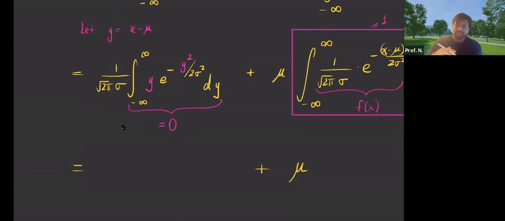And I know this is 0 without having to do anything. Why is this 0? Because the integrand itself is an odd function. What is an odd function? F of negative x equals negative f of x. This definitely came up in Calc 2 somewhere, somehow: the idea of odd functions or even functions on a symmetric integration bound.